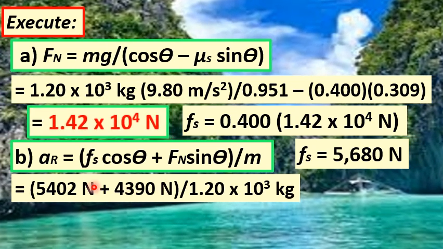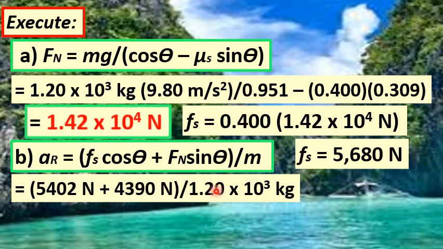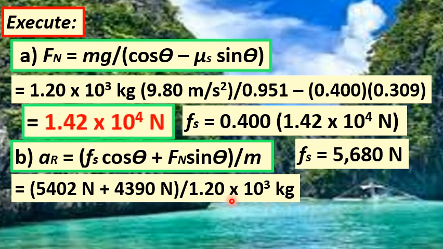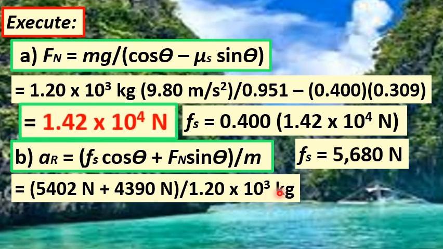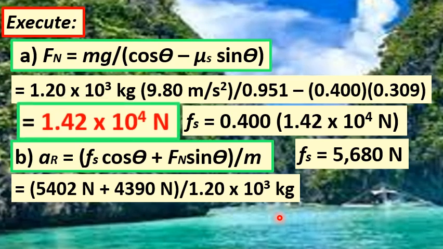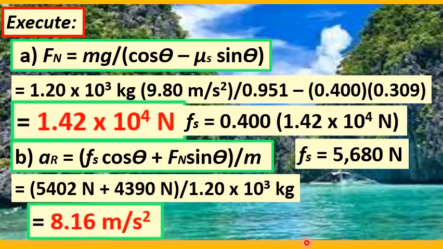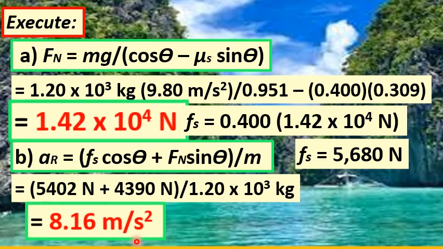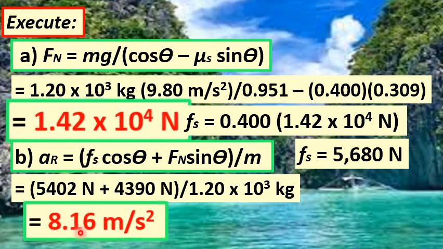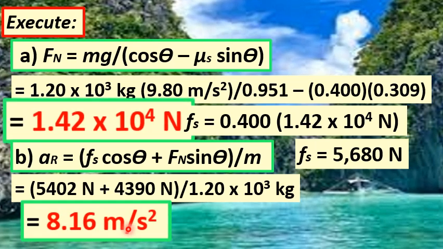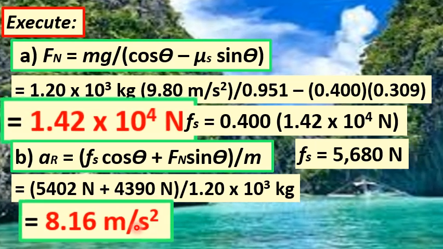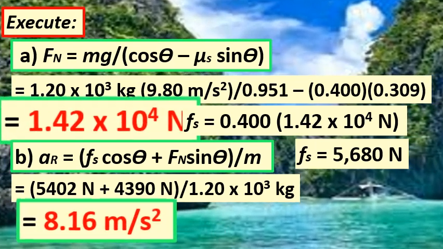So the sum will be divided by the mass of the car, 1.20 times 10 to the third power kilogram. So finally, simplifying, we get the value of the radial acceleration equal to 8.16 meters per second squared, also in 3 significant figures.